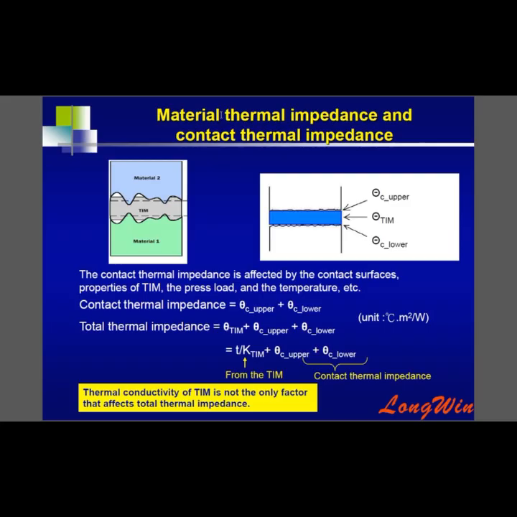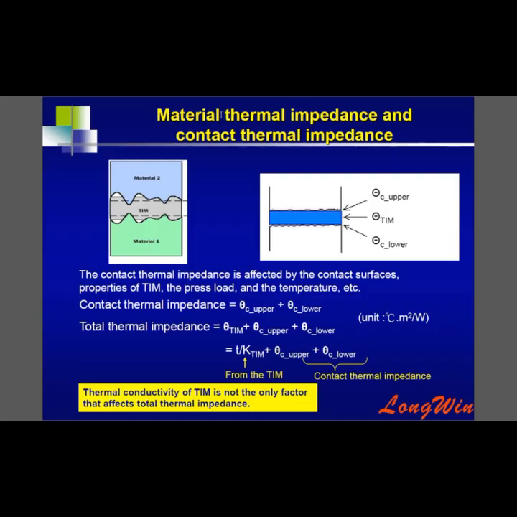thermal interface material itself. If we analyze it further, the factors of total thermal resistance include the thermal conductivity of the thermal interface material, the thickness of the thin, and the two contact resistance.